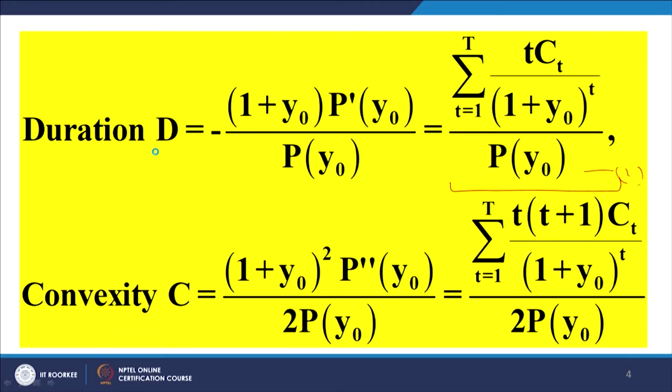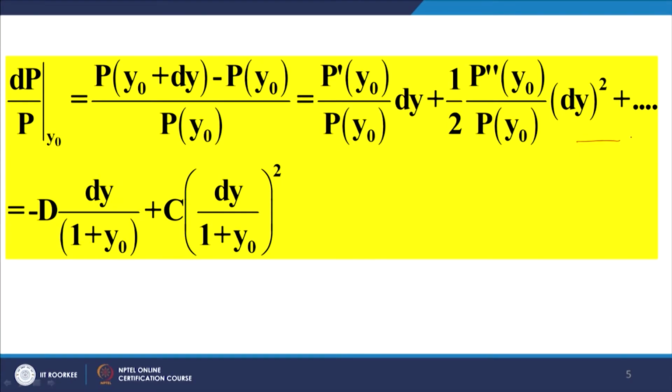Now, as far as P dash y0 is concerned, we can obtain an explicit expression in terms of the cash flows and the timings of those cash flows by differentiating the DCF price of the bond with respect to y and taking the value of the derivative at y0.